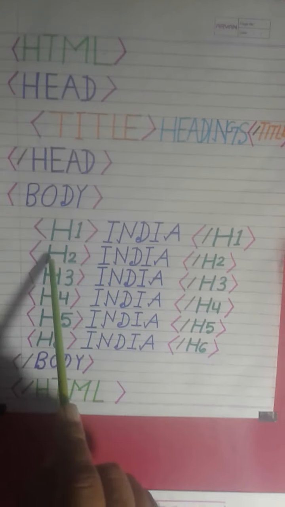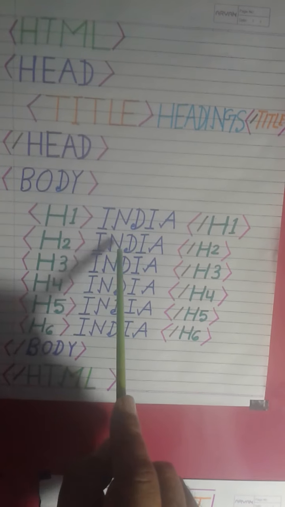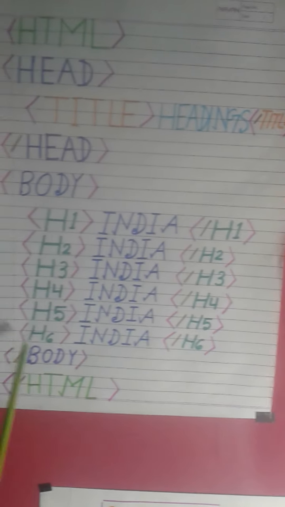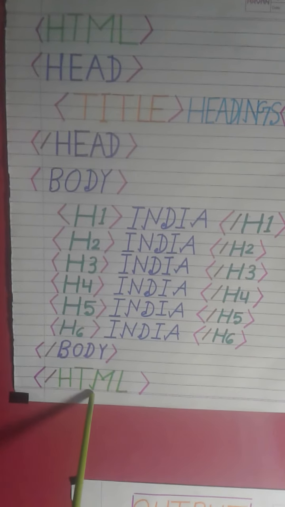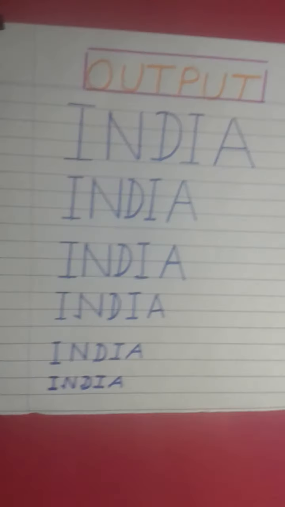Here we use the H2 heading tag and we insert the text India. And lastly we close the body tag and finally we close the HTML tag. Now see the output.